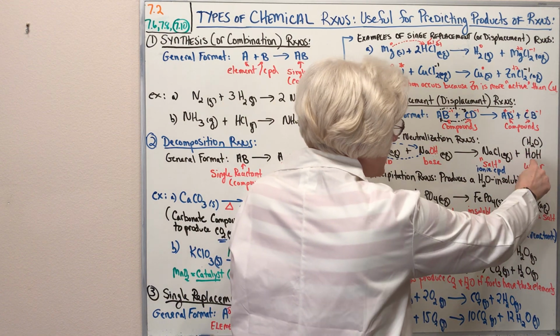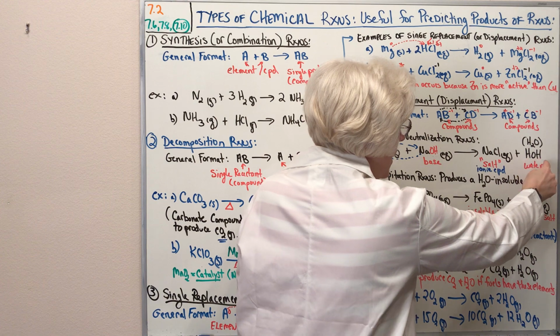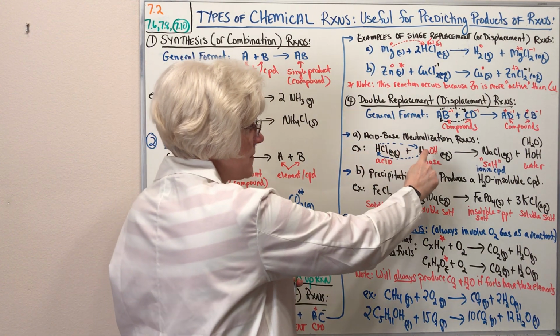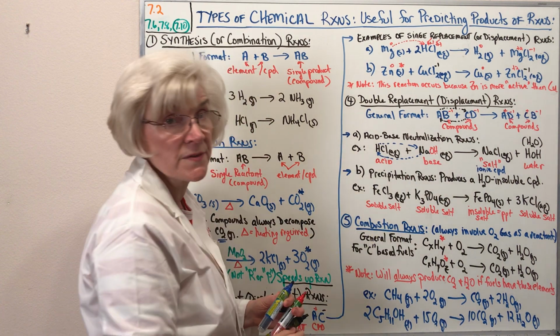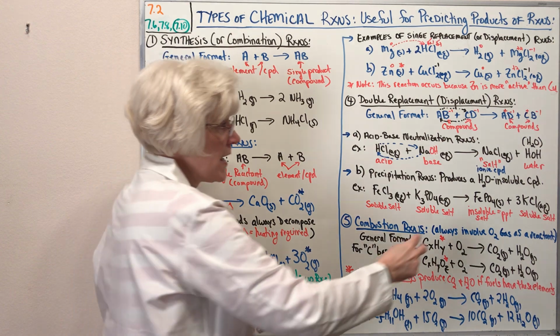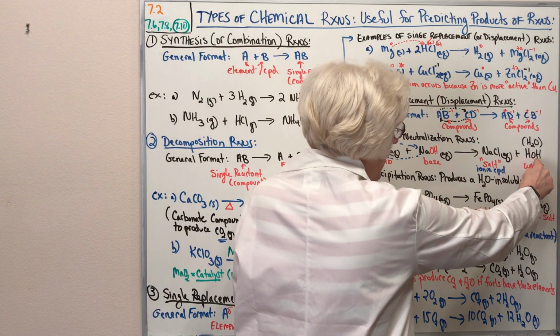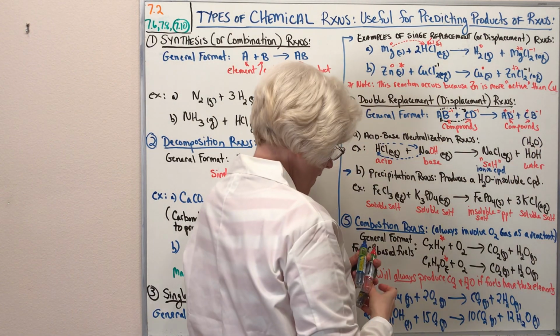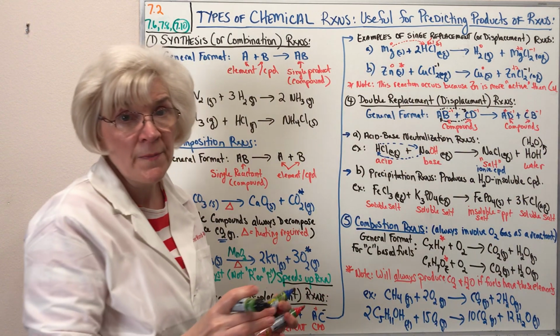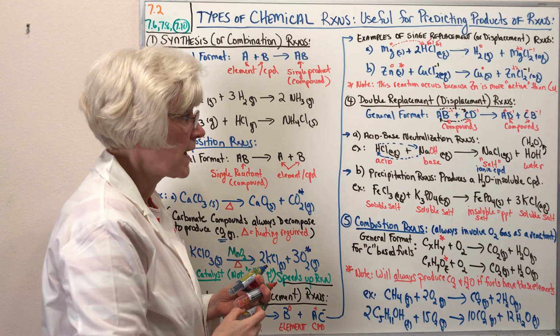It's not its typical presentation, HOH, emphasizing that hydrogen ions from the acid combined with hydroxide ions from the base to make water, HOH, and of course you recognize it in its standard chemical format, H2O.